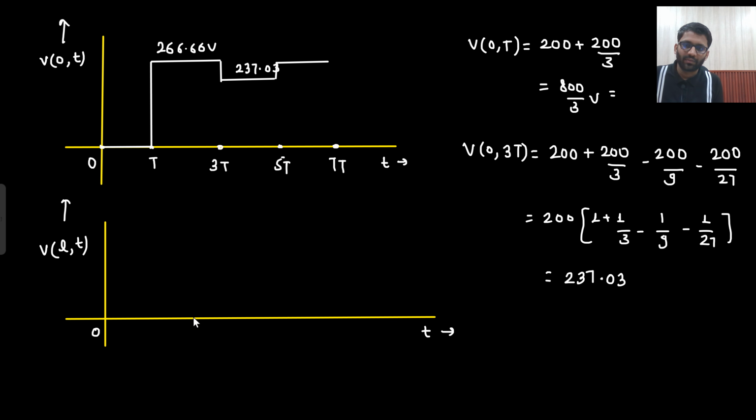From 0 to 2t you are having V naught plus only, that is 200 volt.